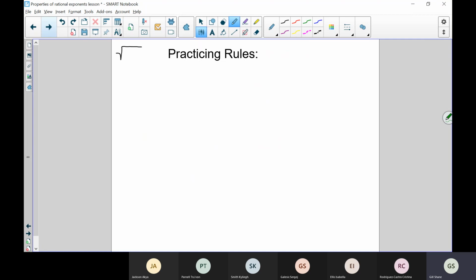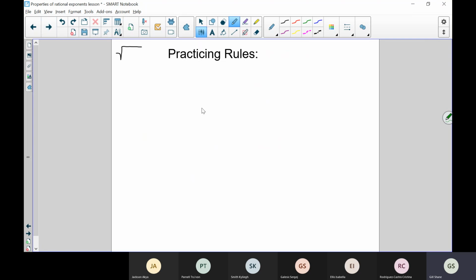The top of the sheet says 5.2, properties of rational exponents and radicals. Now I sent you guys the full document. You're really not going to need the full document, but I didn't have a scanned copy of just the pages we were using, so I just sent you the whole thing.